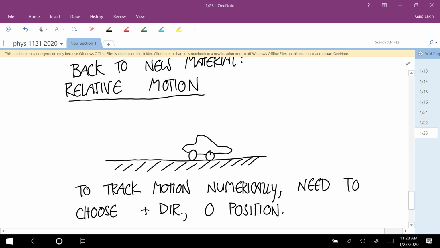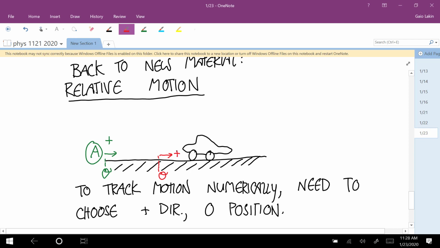All right, well, let's say that one of these has its 0 position here and its positive direction that way. Okay, I'm going to call that reference frame A. And then the other one has its 0 position here.